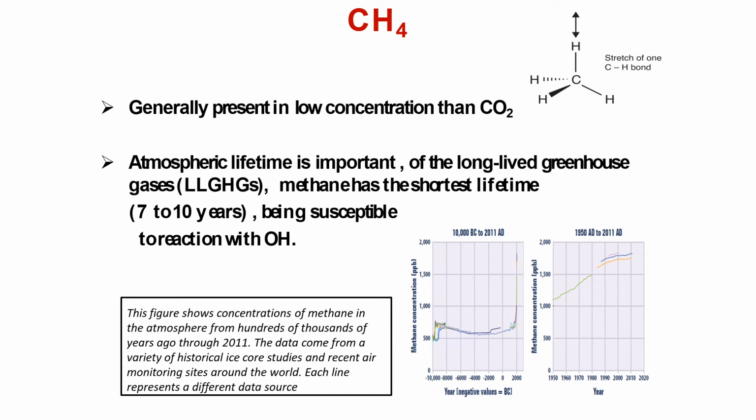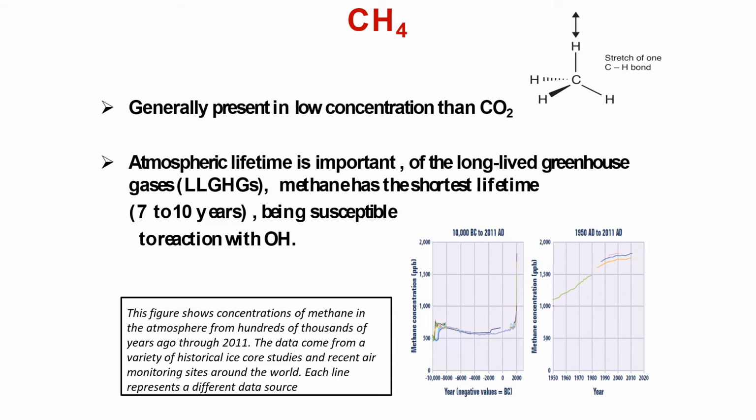The atmospheric lifetime is important for the long-lived greenhouse gases. Methane has the shortest lifetime, from 7 to 10 years, and it is susceptible to reaction with the OH group.